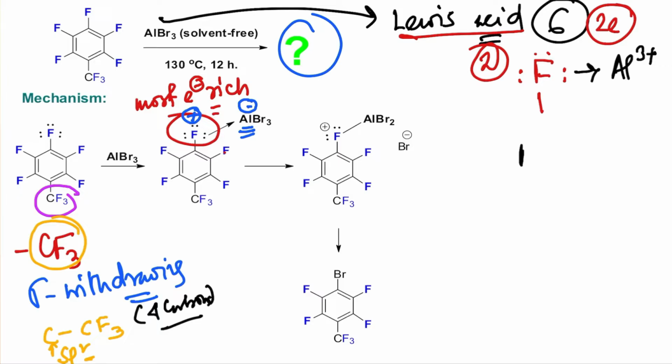You will say that sir, sometime before you were showing there were 6 electrons, that it's electron deficient, and if it leaves one bromine, then it will again become 6 electron. Yes, it's true, but why?